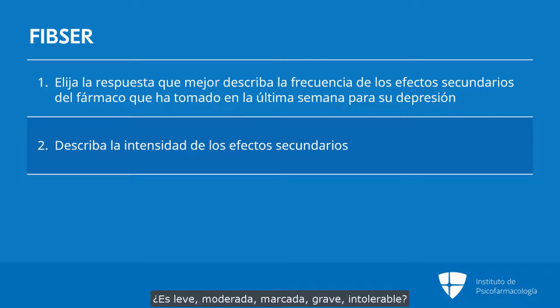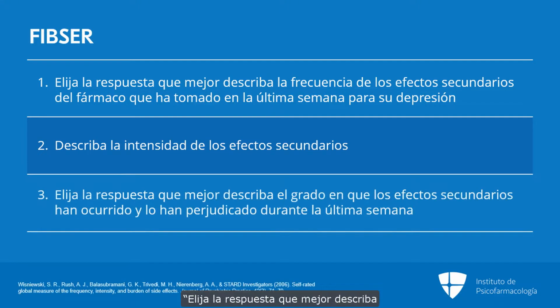Is it trivial, moderate, marked, severe, intolerable? Third question is choose the response that best describes the degree to which the side effects have occurred and impaired you over the last week. So how much interference has this side effect had on your functioning? So from no impairment all the way to the extreme of unable to function due to side effects.